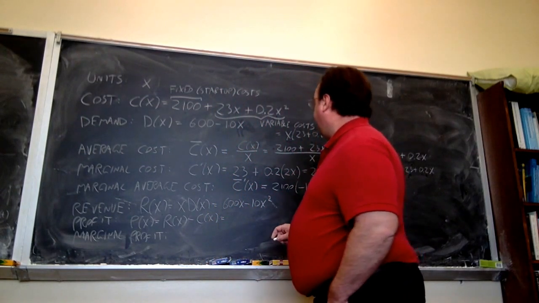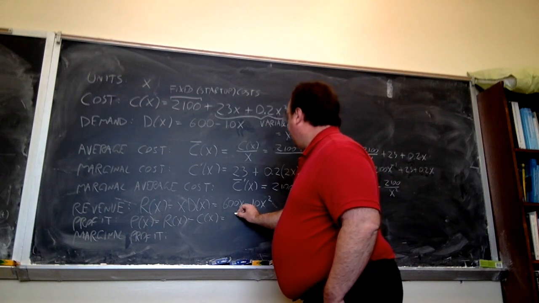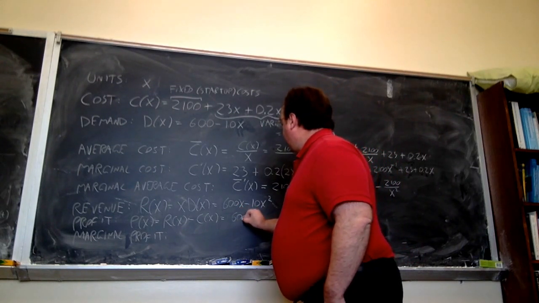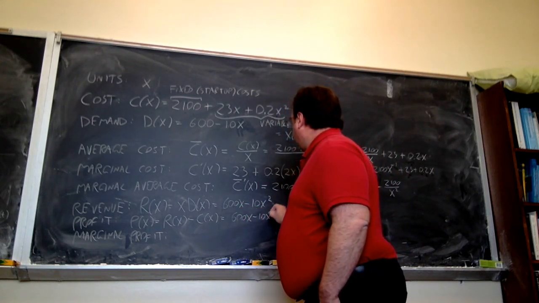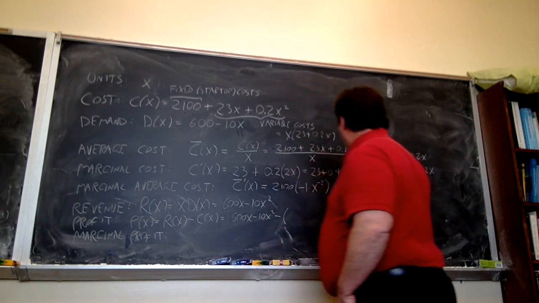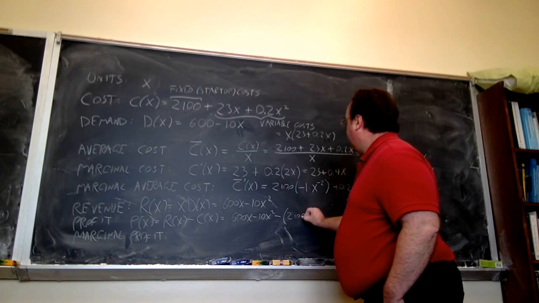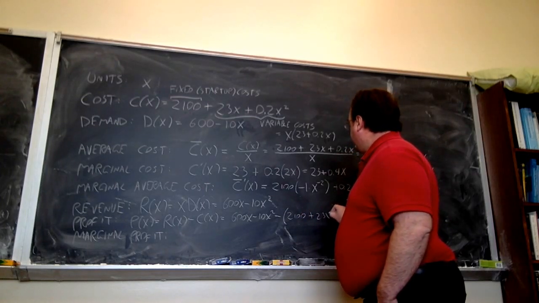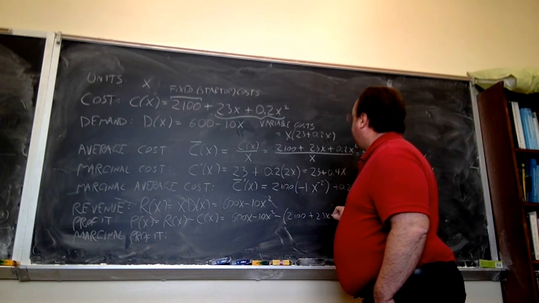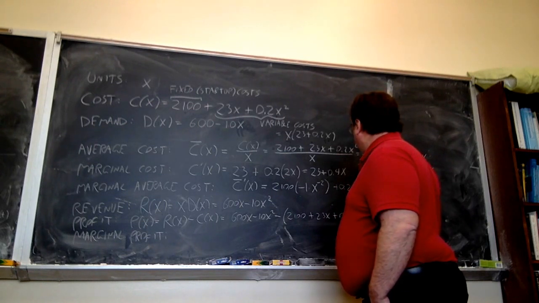So that's going to give me 600x minus 10x squared minus my cost. So I'm going to put that in parentheses, 2100 plus 23x plus 0.2x squared.